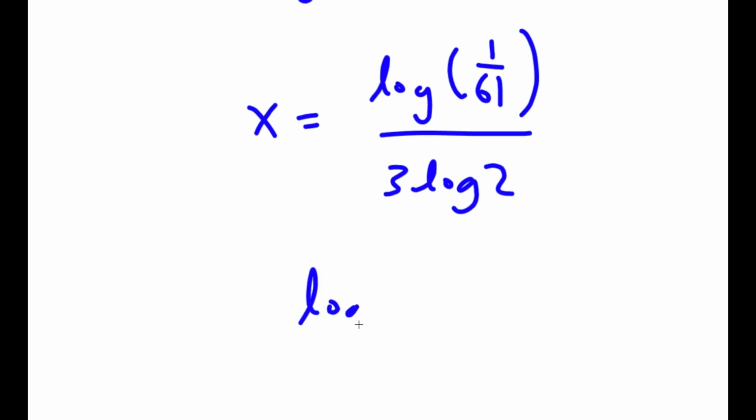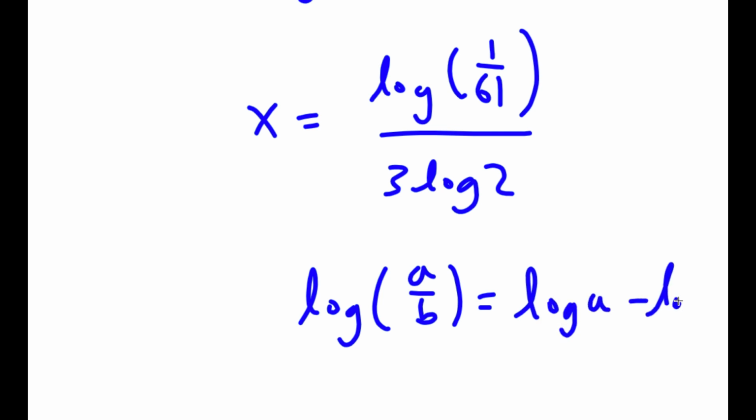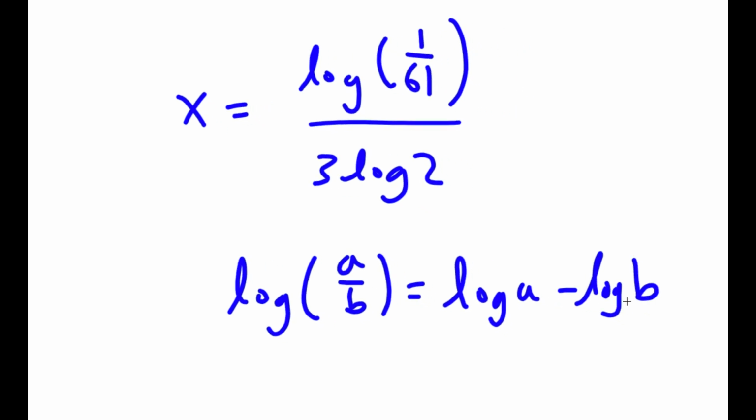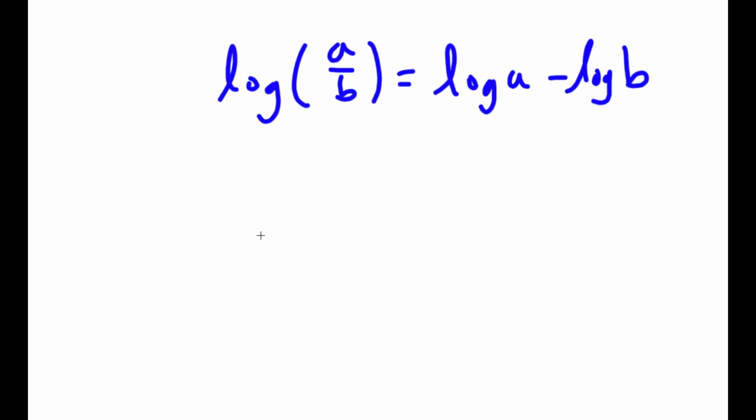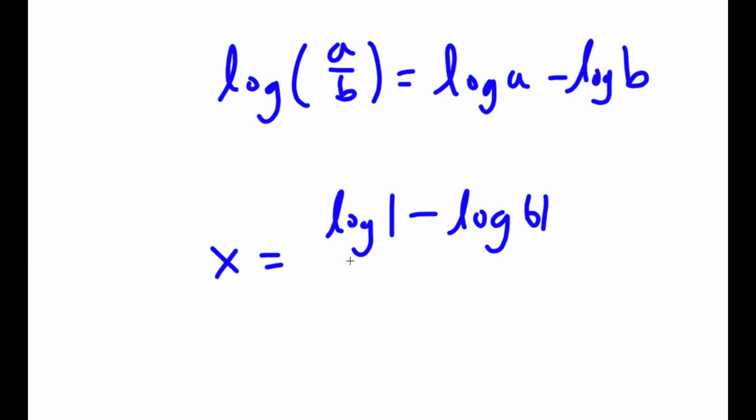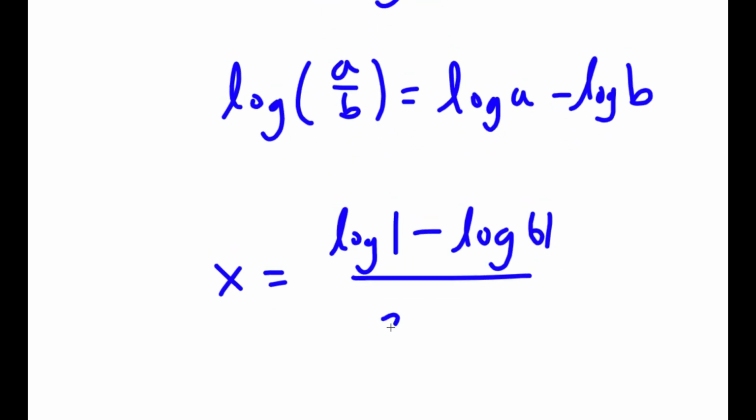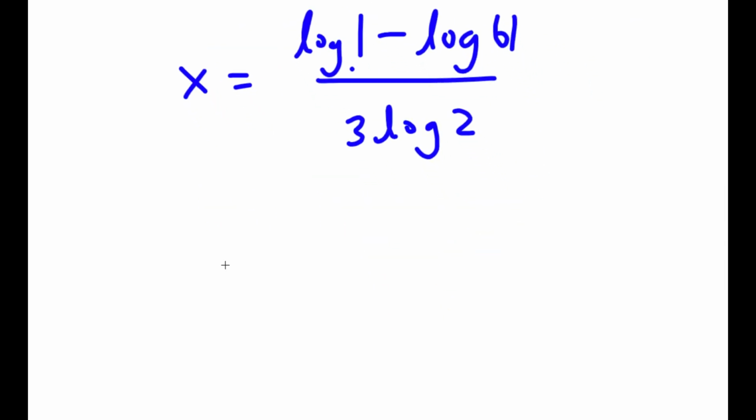Now if I have something in the form log a over b, this is equal to log a minus log b. So log of 1 over 61 is going to equal log 1 minus log 61 over 3 times log 2. Now log 1 is simply equal to 0.